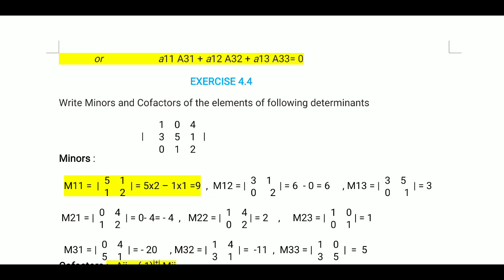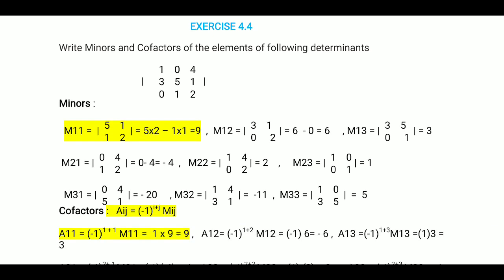We delete the first row and third column, and we get a small determinant having elements 3 5, 0 1, and after calculation we get 3 into 1 minus 5 into 0, 3 minus 0, that is 3.